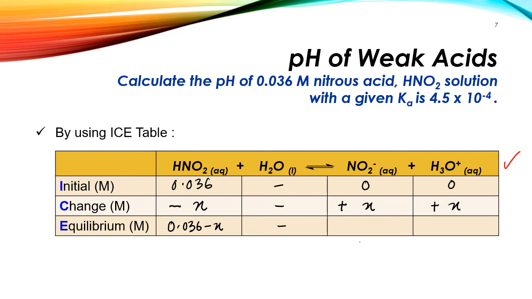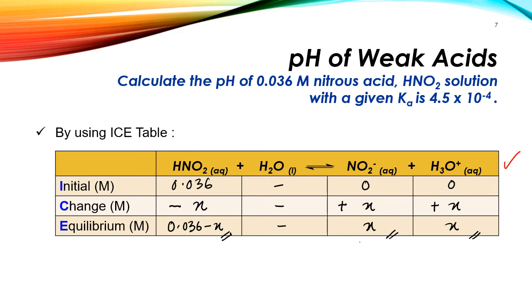NO2 minus is 0 plus X, and H3O plus is 0 plus X, which equals X. So now we have the equilibrium concentration values for all the substances involved in the dissociation. HNO2 concentration at equilibrium equals 0.036 minus X, NO2 minus at equilibrium is X concentration, as well as H3O plus with X concentration.